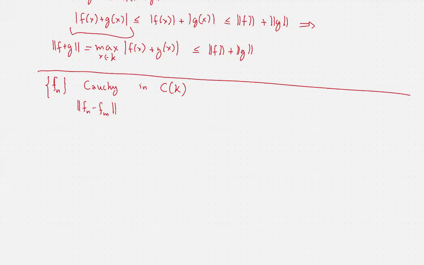And if x in K is fixed, then of course this means that the sequence of real numbers f_n of x is also Cauchy because it's dominated by the norm.